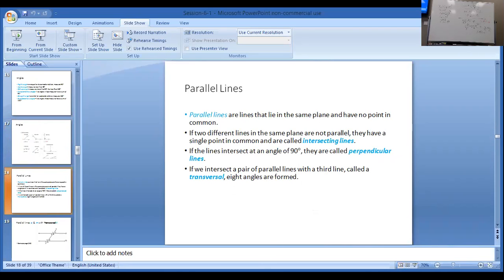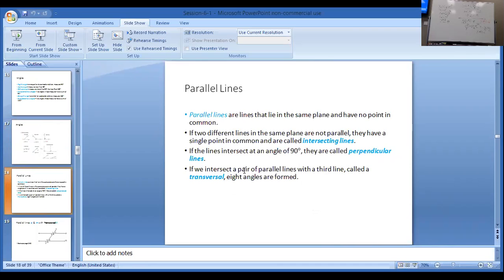Parallel lines are lines that do not intersect; they don't have any common points. If two different lines in the same plane are not parallel, then they intersect and have a point in common. If the lines intersect at an angle of 90 degrees, they are called perpendicular lines, or we can have perpendicular planes.